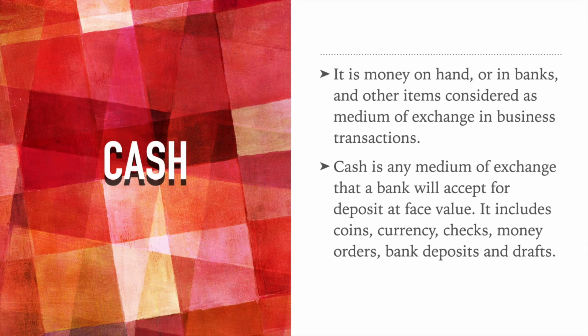Cash. So, paano natin masasabi na cash? Usually, we know na yung cash, ito yung mga peso bill, ito yung mga coins na nahahawakan natin. Pero actually, it's more than that. Sabi nga dito, it is money on hand or in banks and other items considered as medium of exchange in business transaction.